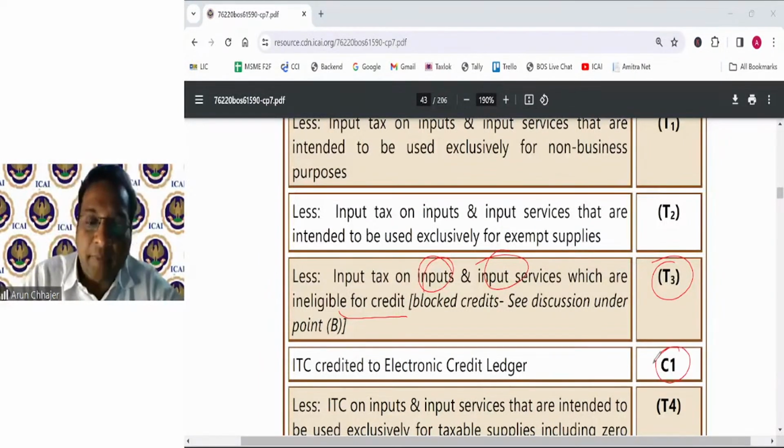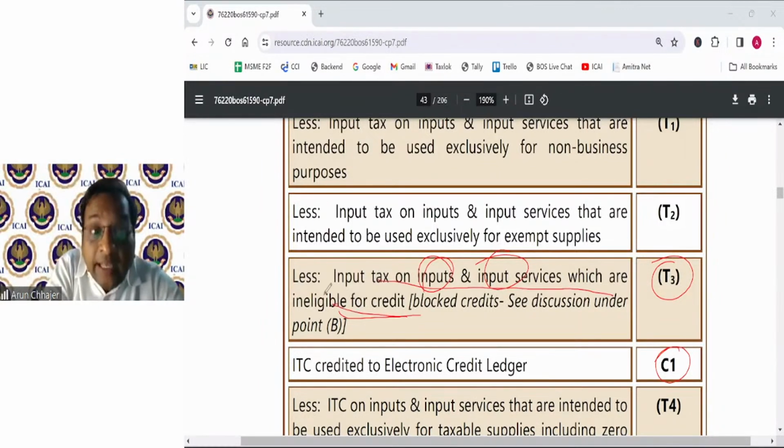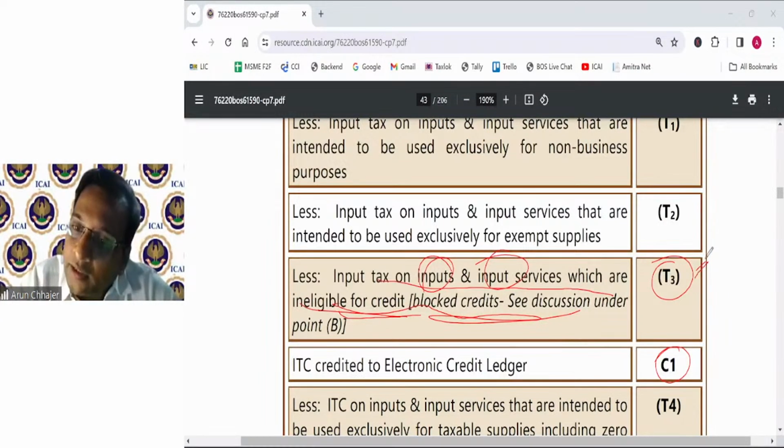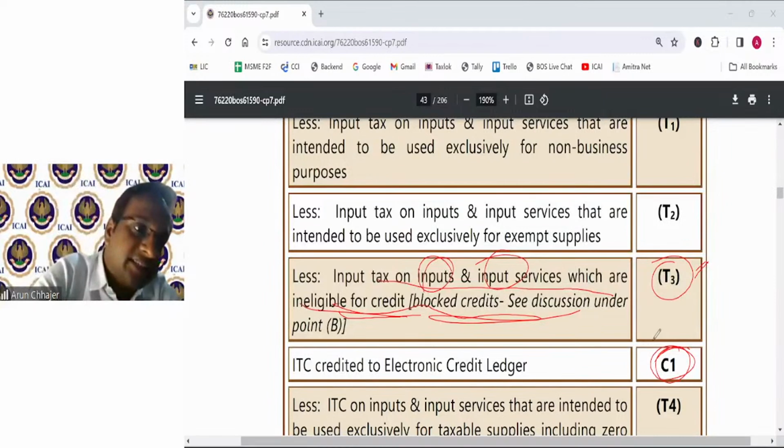We have discussed T3. Now the T1, T2 and T3: once you remove them, then the balance portion will be C1.